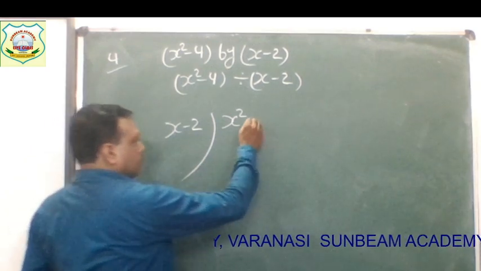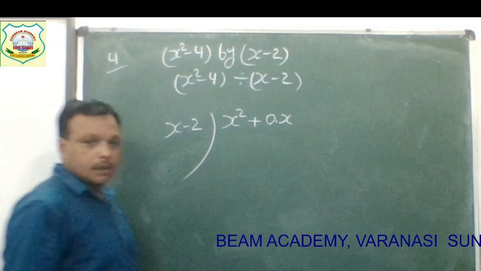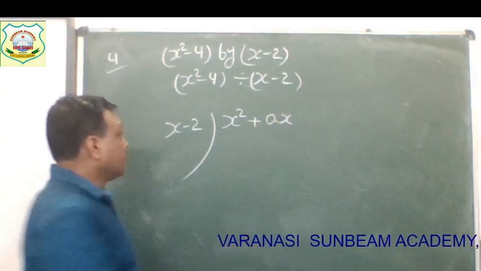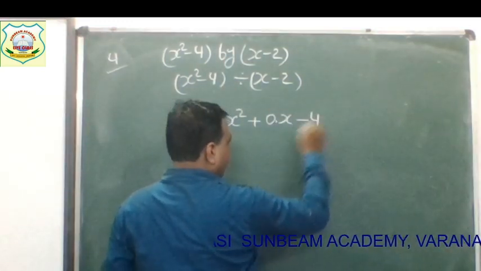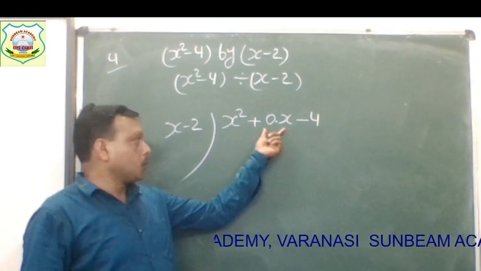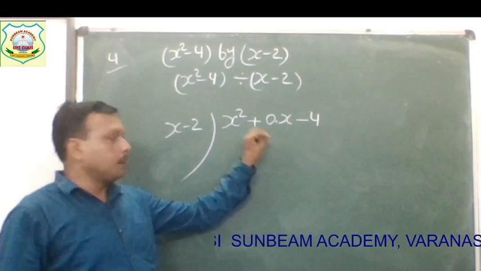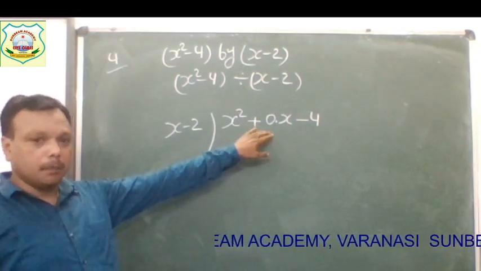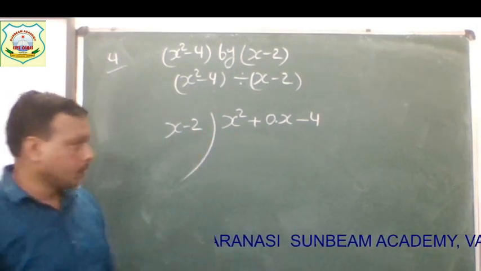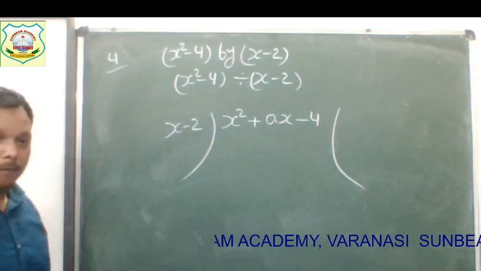We can write here plus 0 into x. It means we are showing the value, but it is equal to 0. Then minus 4. If you count it, you can only say x square minus 4, because 0 into x means 0. This value is not counted, but we have written it here as a dummy part, to help with dividing.